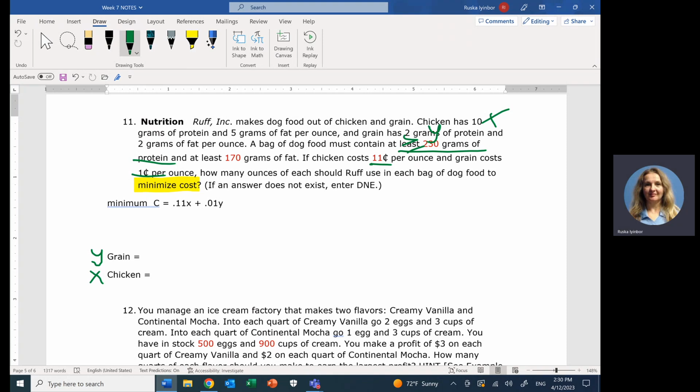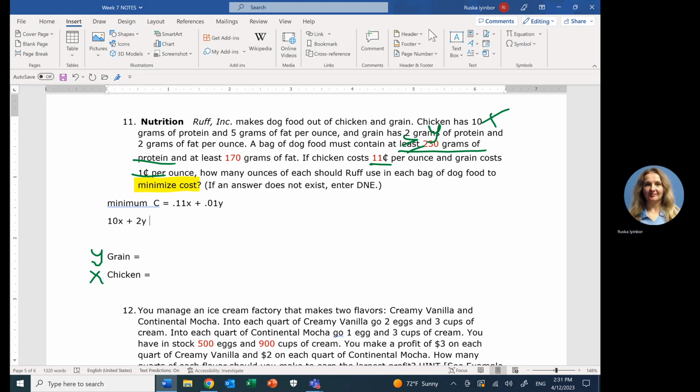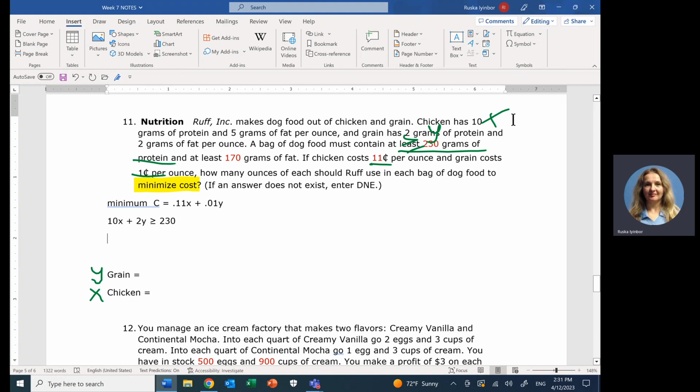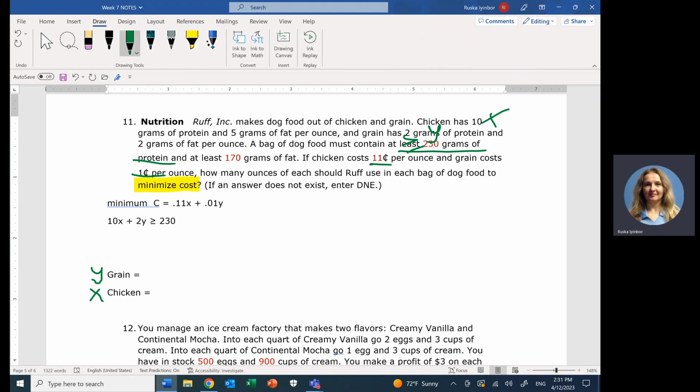So I'm going to put 10x plus 2y has to be greater or equal than 230.